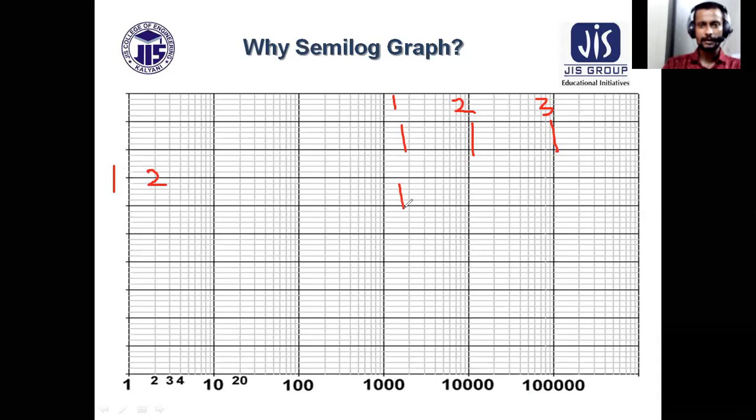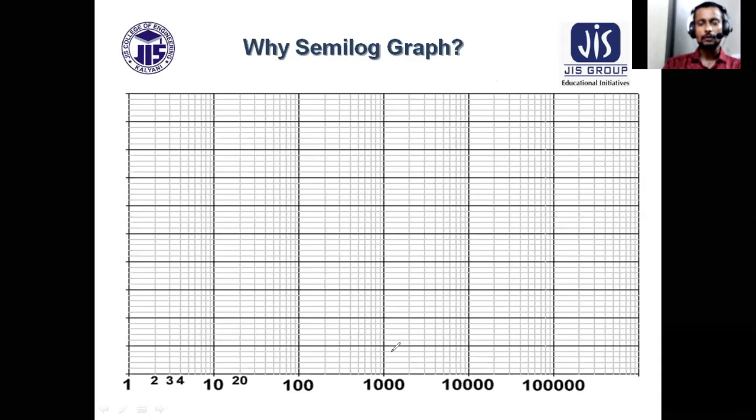In log scale, 10 to the power 1 is 10, 10 square, 10 cube. See, log of 10 to the power 1 is 1, log of 10 square is 2, log of 10 cube is 3. So whatever 1 is in millimeter graph paper, that will be 10 to the power 1 in semi-log graph paper. 2 corresponds to 10 square in log scale.